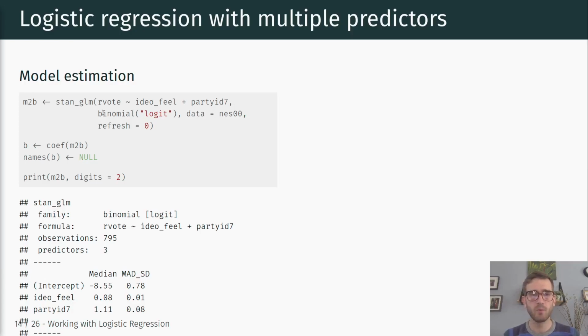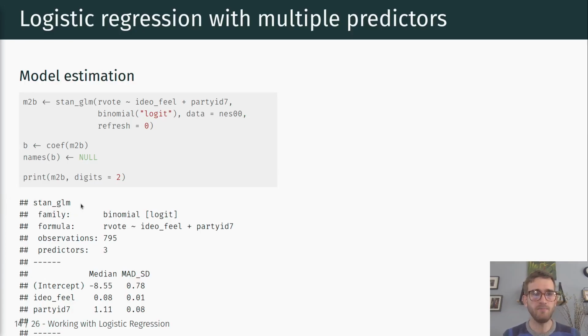One thing we're going to do is save the coefficients in a vector that we'll call B for beta coefficients. We're going to use that later on to directly compute some results to interpret our coefficients better in a probabilistic sense.